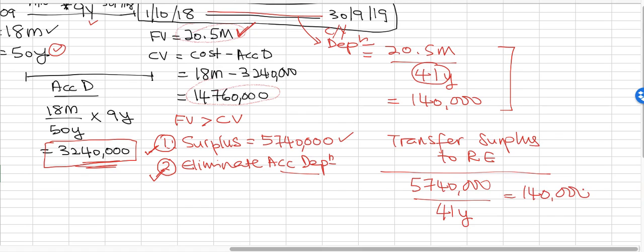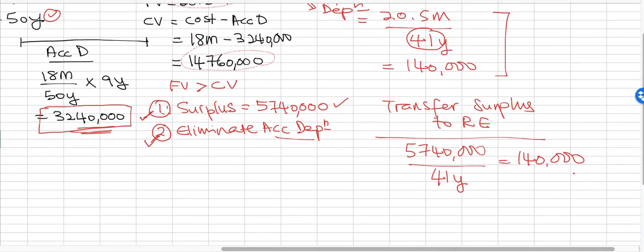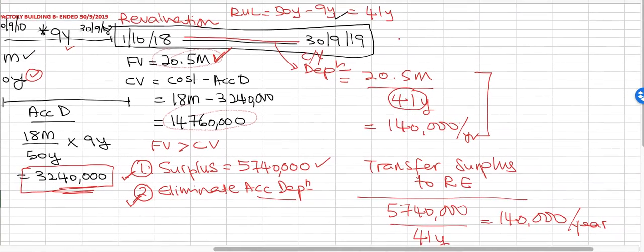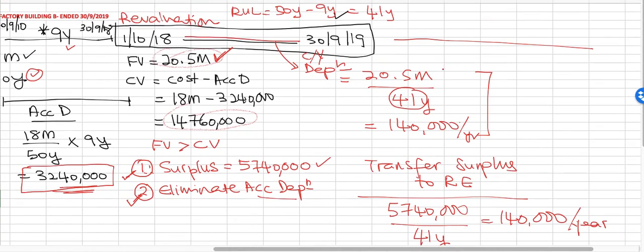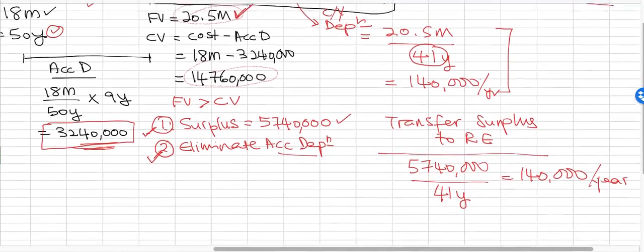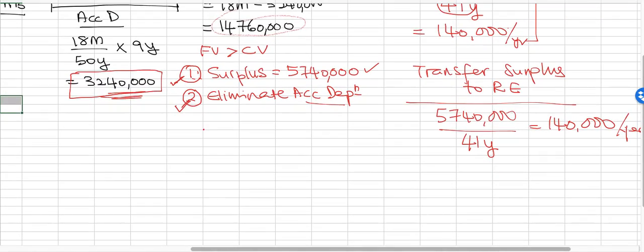So this is the amount that you will transfer from ARR to retained earnings every year. This is per year. Similar to depreciation, unless later somewhere here maybe you revalue, then the depreciation will change. Okay, so now let's answer the question.